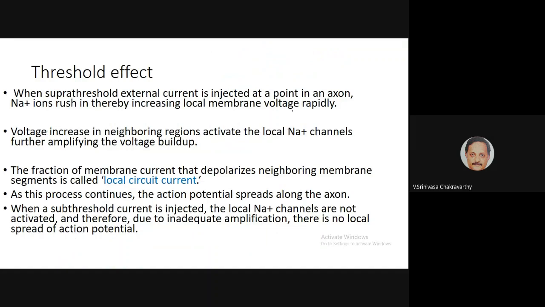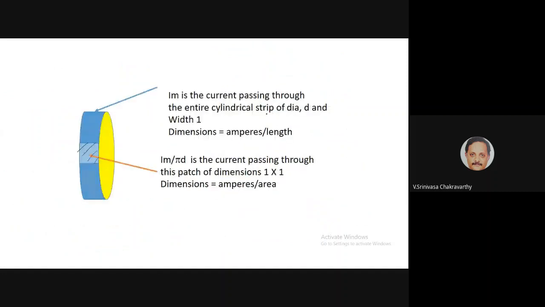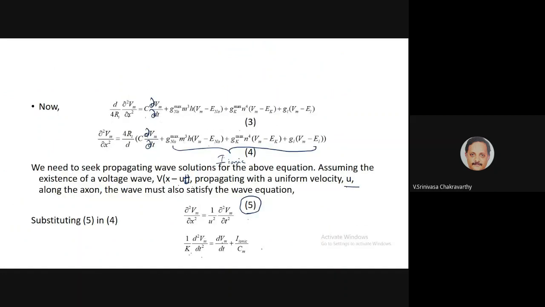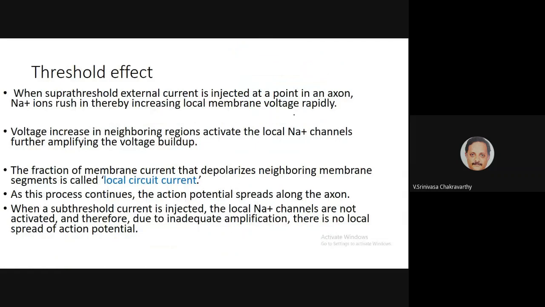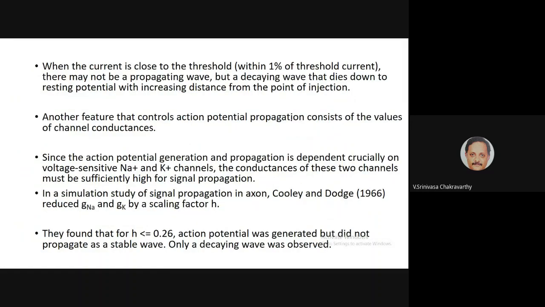Now, if you simulate these equations which you have derived here, basically simulate equation 3, and also you need an extra I inject kind of term here, then you will find a propagating wave, and here also there's a threshold effect.